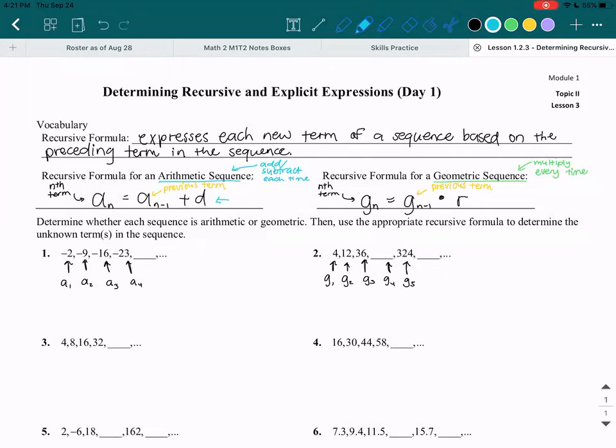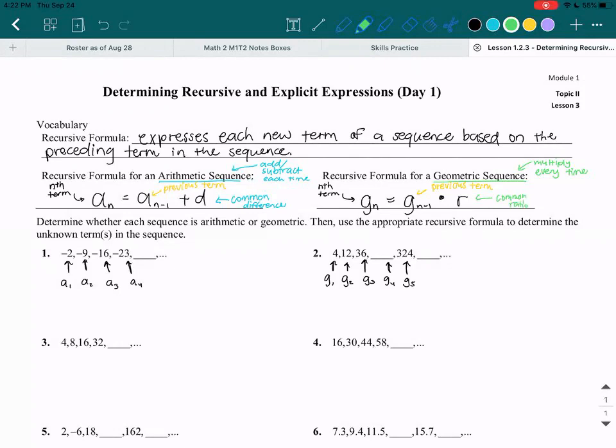So you take your previous number and you add or subtract your common difference. This is your common difference. And then similarly, for your geometric term, you're going to multiply every time. What are we multiplying by? Hopefully you remember, it's called your common ratio. So the R stands for common ratio.